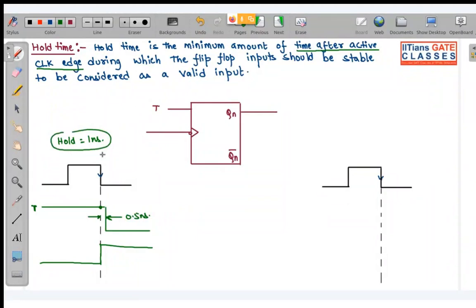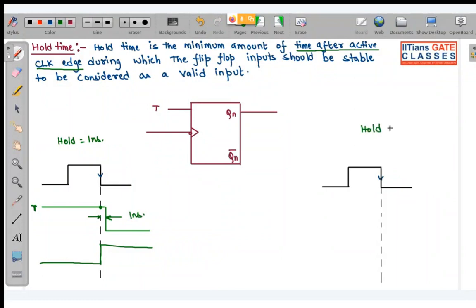So after the active clock edge, the input should be held for a minimum amount of time to be considered a valid input, and that time for which the input is held is known as hold time. Here, if your hold time is 1 nanosecond, you are going to have a transition.